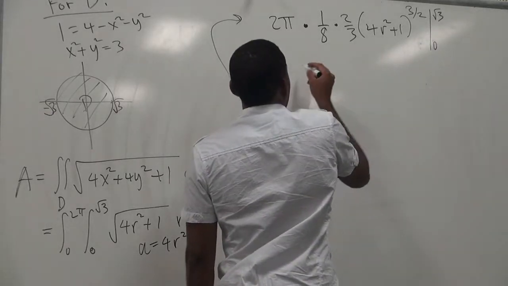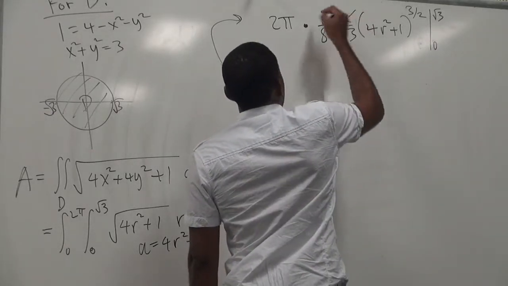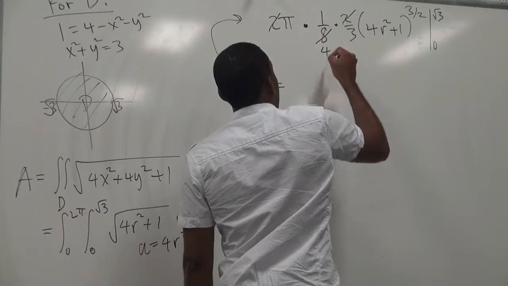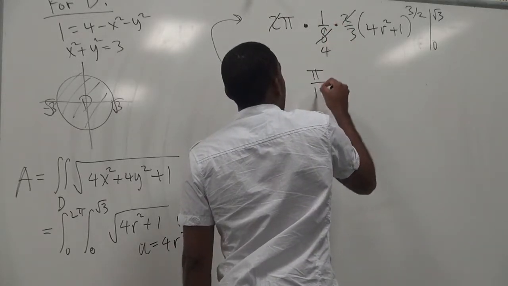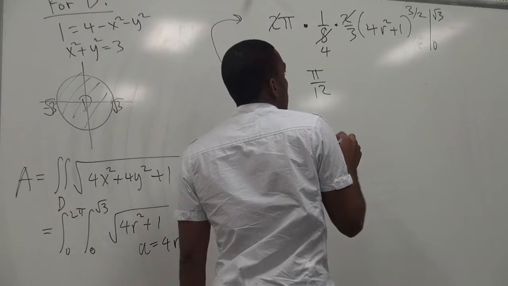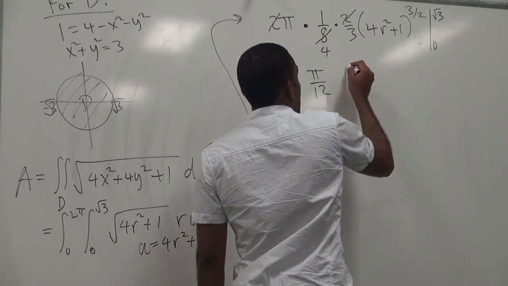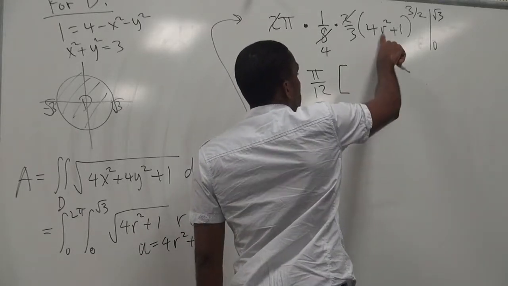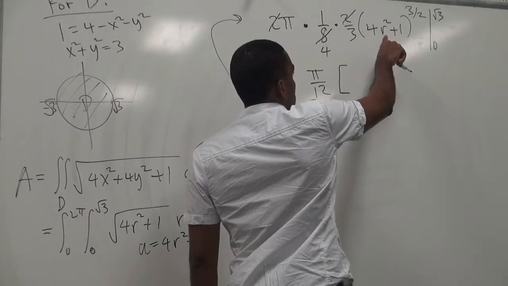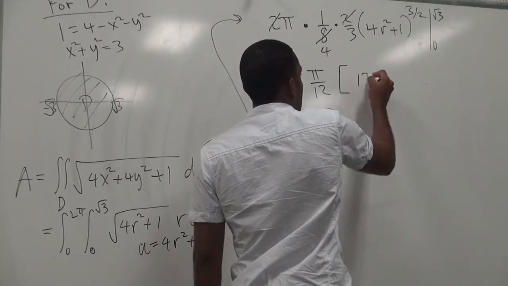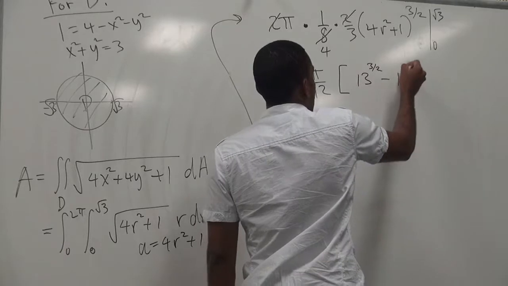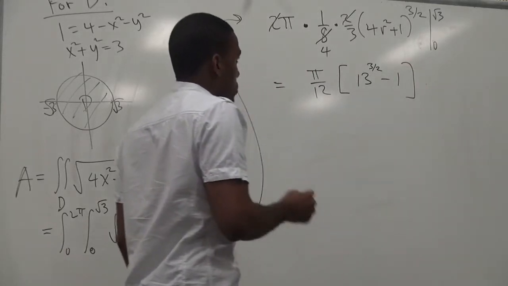So this and this goes into that, makes this 4, so we're going to have pi over 12. Plug in radical 3 here, so this is just 12 plus 1, that's 13 to the 3 over 2 minus 1.